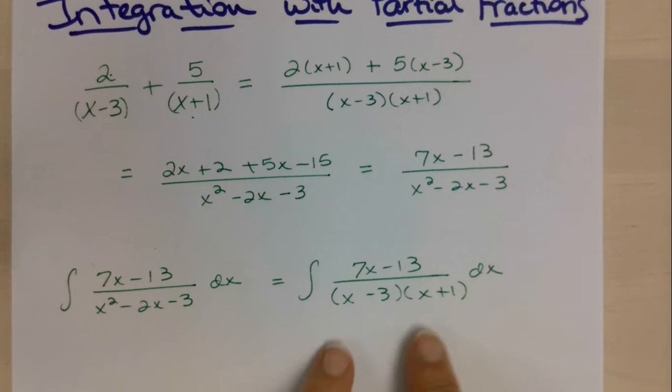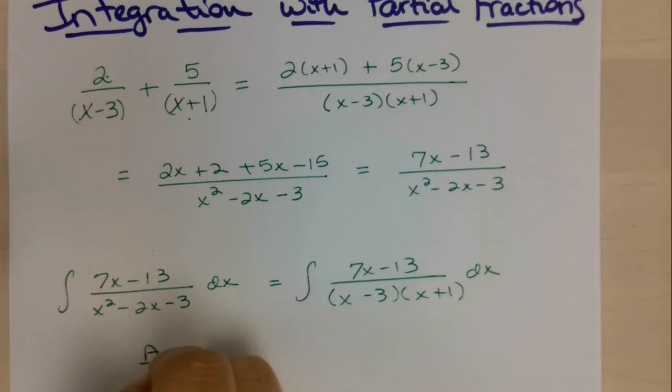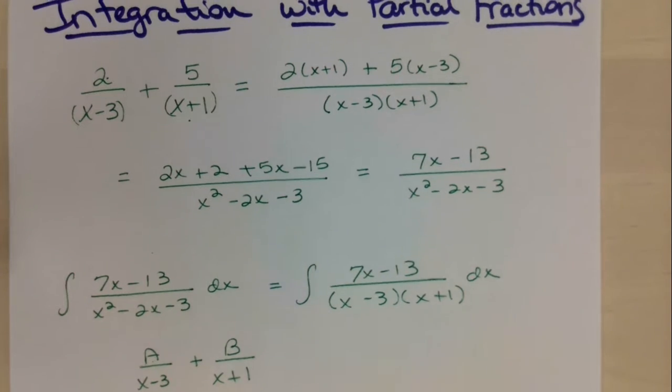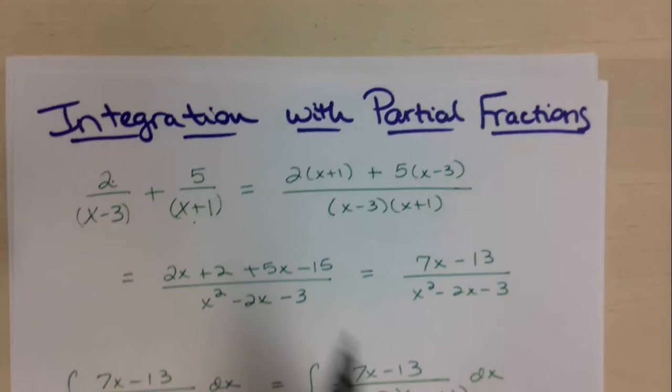Now, if it factors like this, then I know that there is some fraction, A over x minus 3, some term up here in the numerator, plus B over x plus 1, that has to equal this fraction here. And of course, we already know what it is because I started with that. But let's pretend we don't know what this is up here.